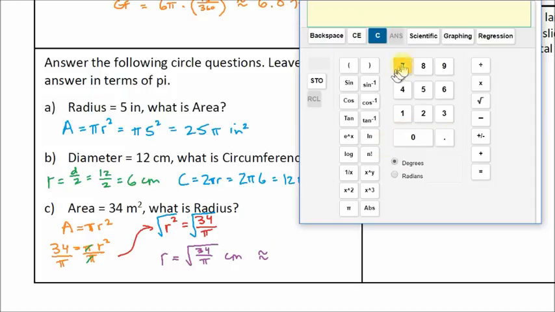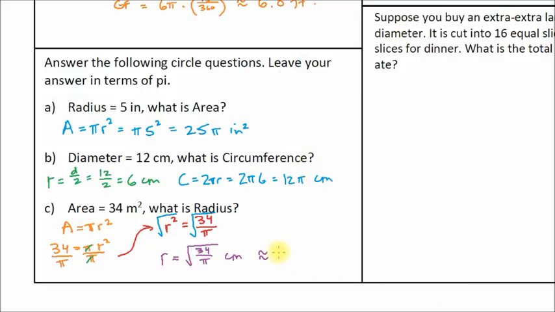So we're going to do square root of, and then in parentheses, 34 divided by pi, close parentheses. And you can see that's about 3.3. And because our unit of measure is meters, it's going to be approximately 3.3 meters. But remember, our answer was supposed to be in terms of pi.